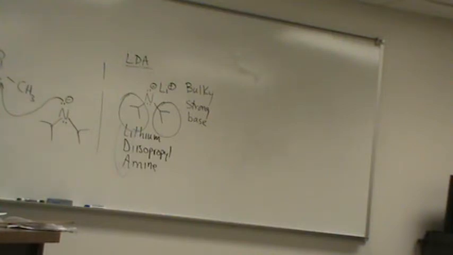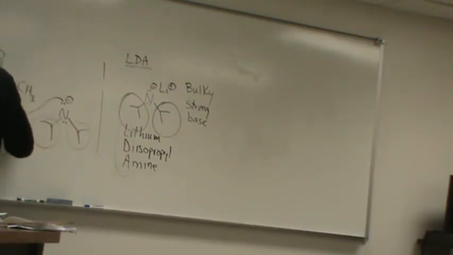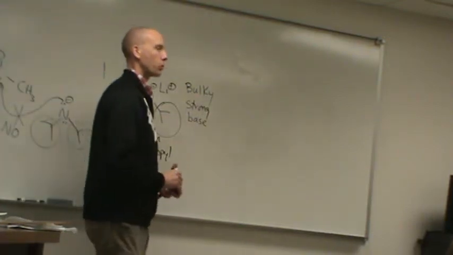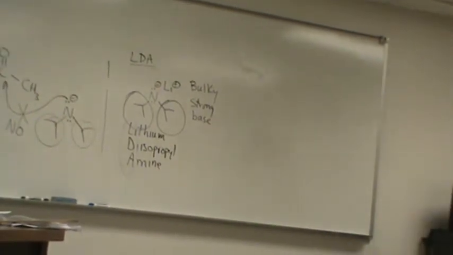But will this thing get in there? No. Why? Because the bulkiness of it. These bulky groups prevent that. So that's why they make LDA like that, to prevent that reaction.